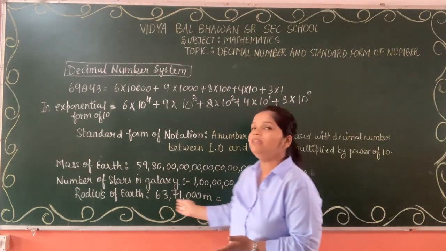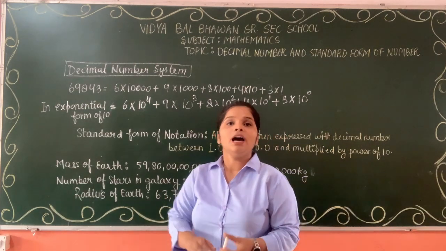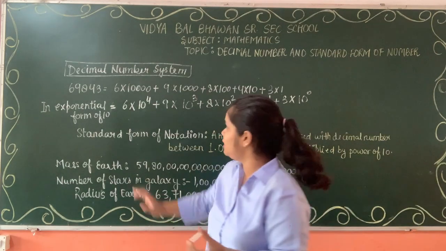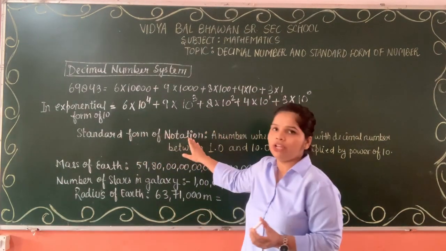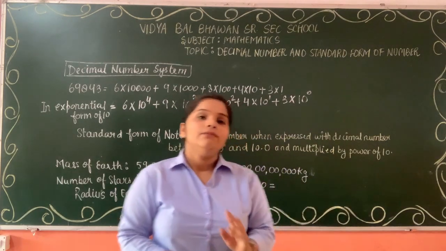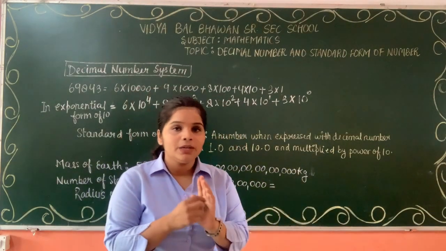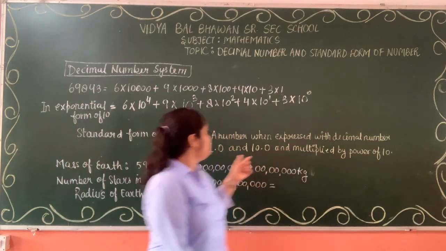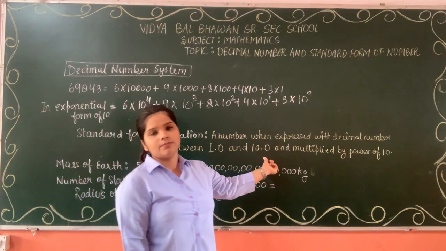So when we deal with these large numbers, we are actually reducing them to one standard form, and that is called standard form of notation of any number. What is that basically? It is we are representing any large number in between 1 and 10.